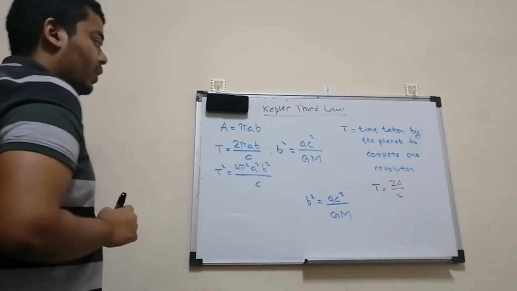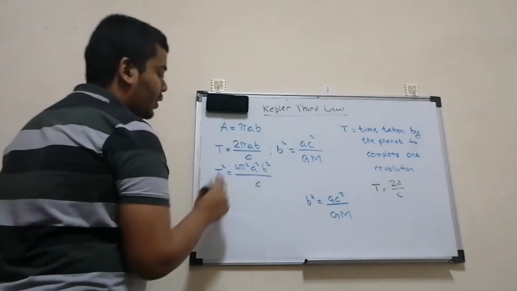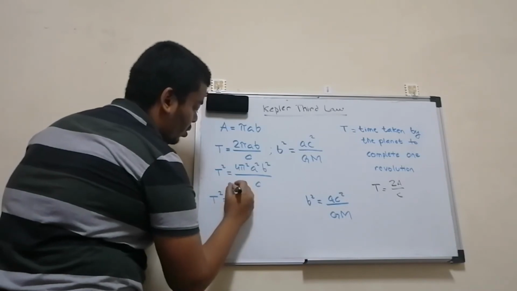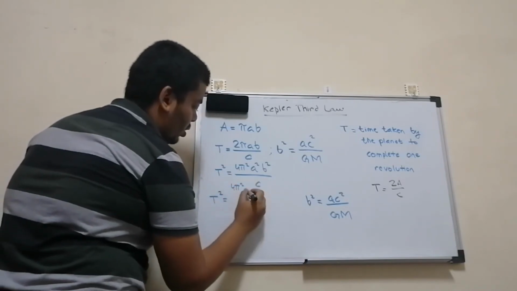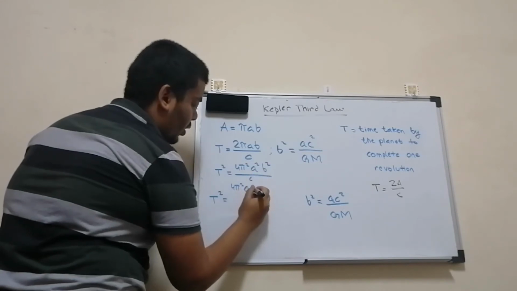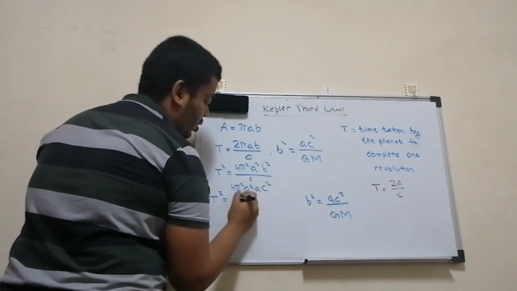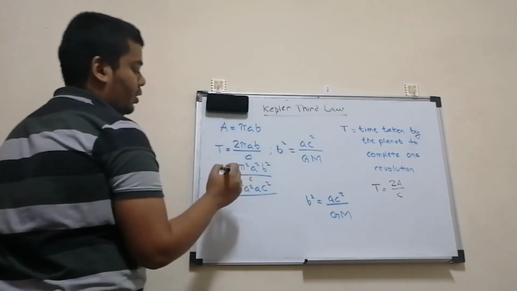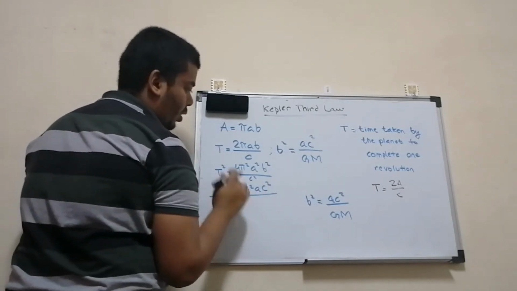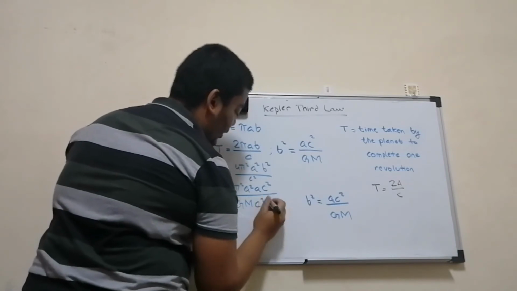Perfect. Now let's replace b squared. T squared is equal to 4 pi squared a squared into a c squared over GM, multiplied by 1 over c squared.